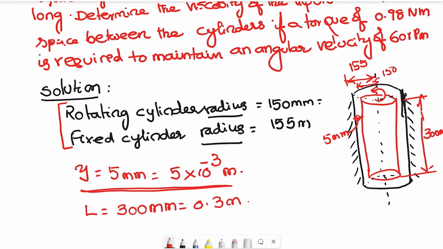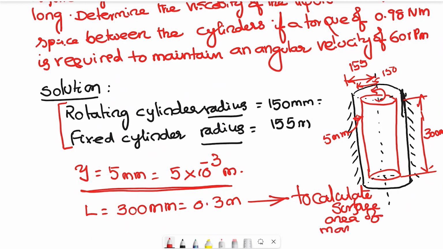What is the use of this length actually? The length is for us only for one purpose, to calculate the surface area of the moving cylinder. This is the purpose. So L also is over.